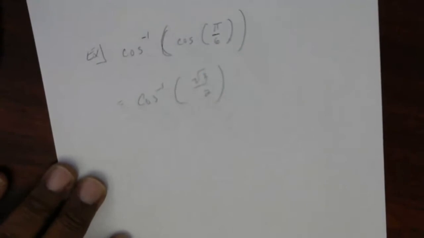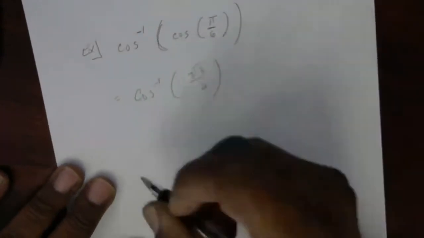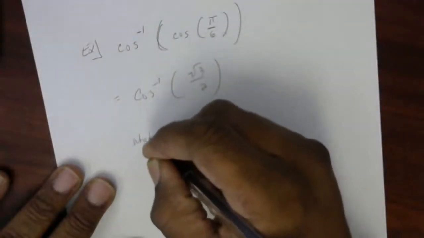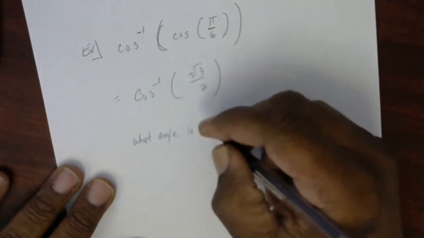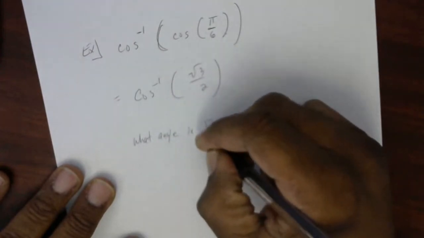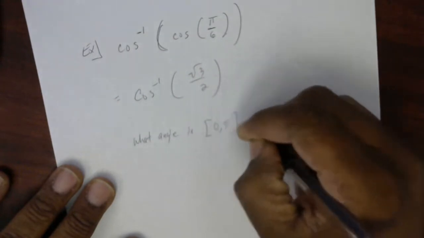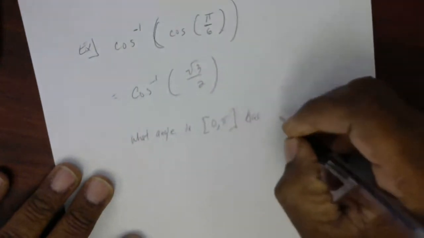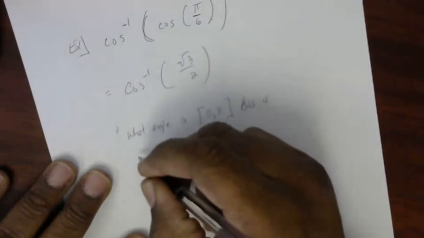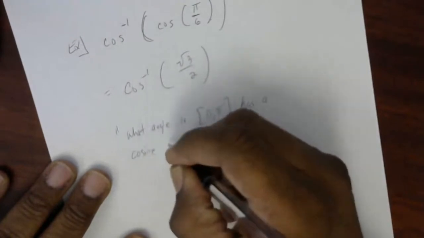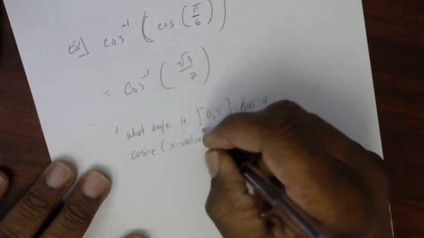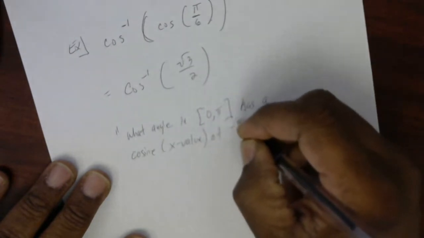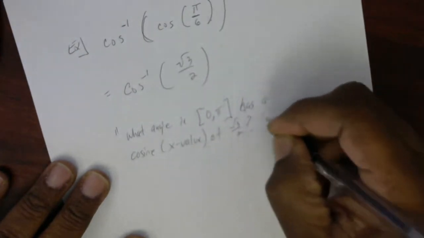All right. So now what's our interpretation? What angle in the interval from 0 to pi has a cosine, or x value, of square root of 3 over 2?